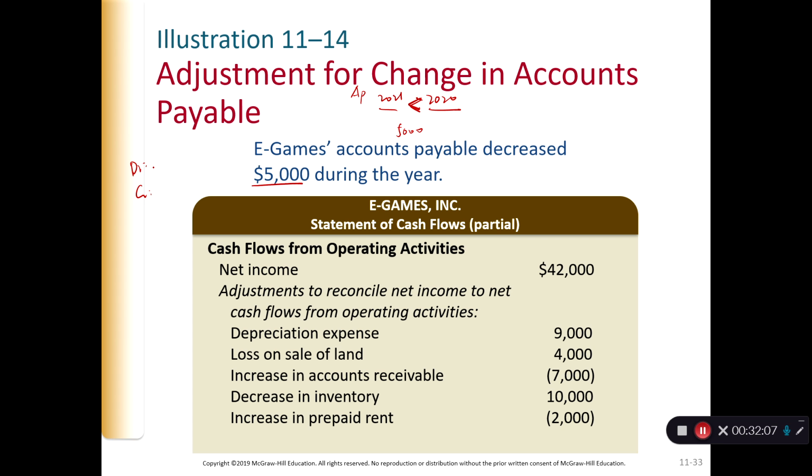That means the company actually paid for this. So basically, debit accounts payable for $5,000 and credit cash for $5,000. In this transaction, you decrease liability and decrease asset. There's nothing embedded in the net income, but this affects the cash flow statement, cash, right? So you will minus the $5,000 out from the reconciliation.